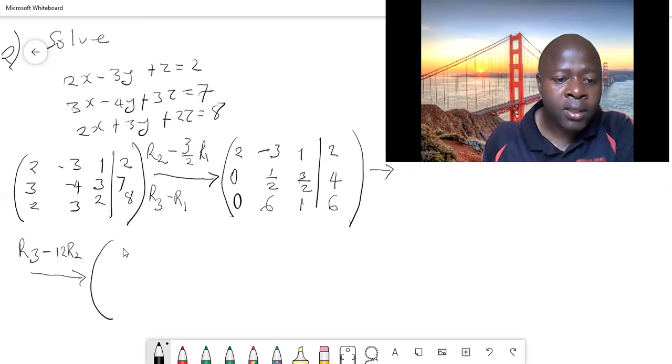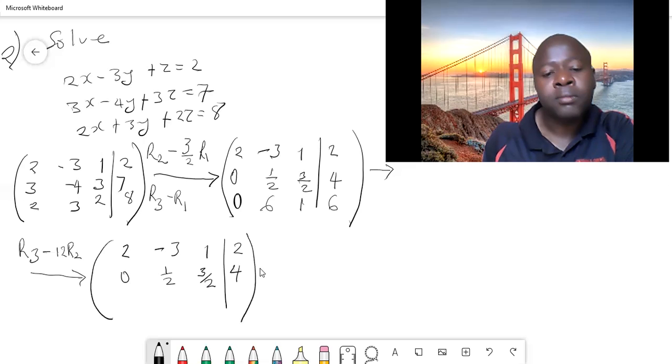So row 1 remains the way it is because we've not touched it, and row 2 remains the way it is because we also have not touched it. Whatever we are doing, we are doing it mentally. This one times 12, subtracted from this, would give a 0. This one by 12 we get a 6, and 6 from this will give us 0.